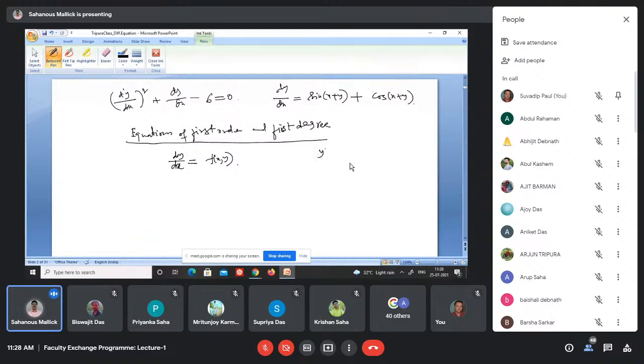That is, it may not be 2 or 3 or 4. It will always be y. In more symmetric form, M dx plus N dy equal to 0. Here, M is a function of x, y and N is a function of x, y.